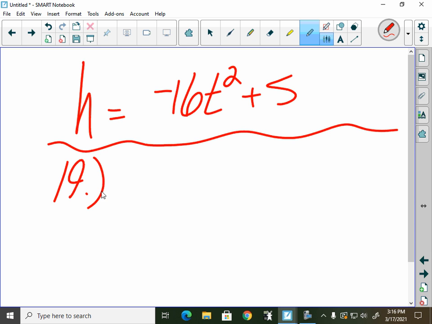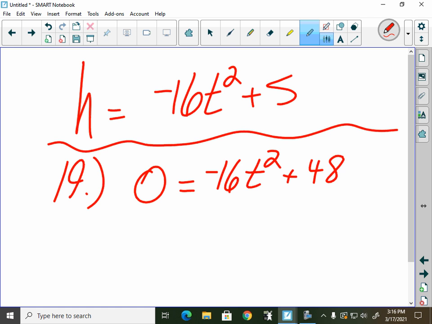Interesting. We talked about that before. Okay, when it reaches the ground, what's the height? 0 equals negative 16t squared, and then this one is plus 48. Now let's play the game, get away from t. So this is going to go over yonder.